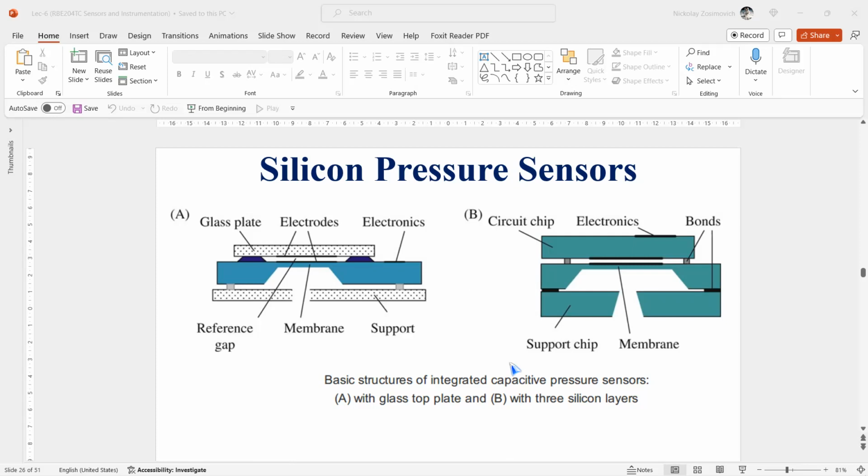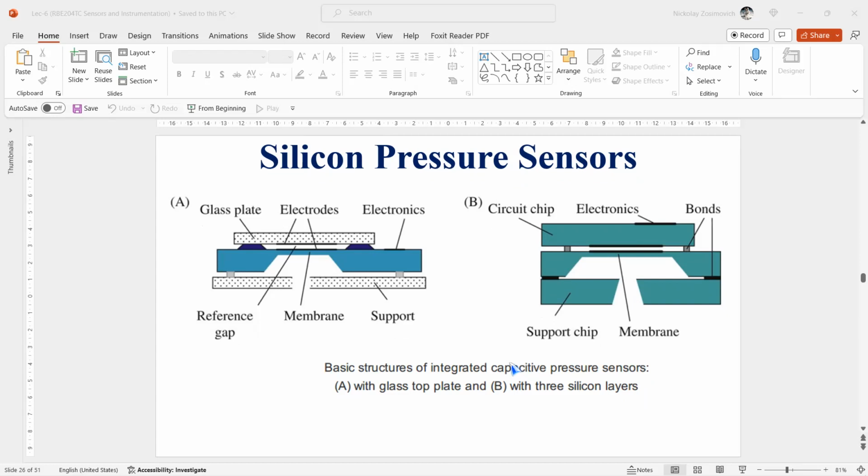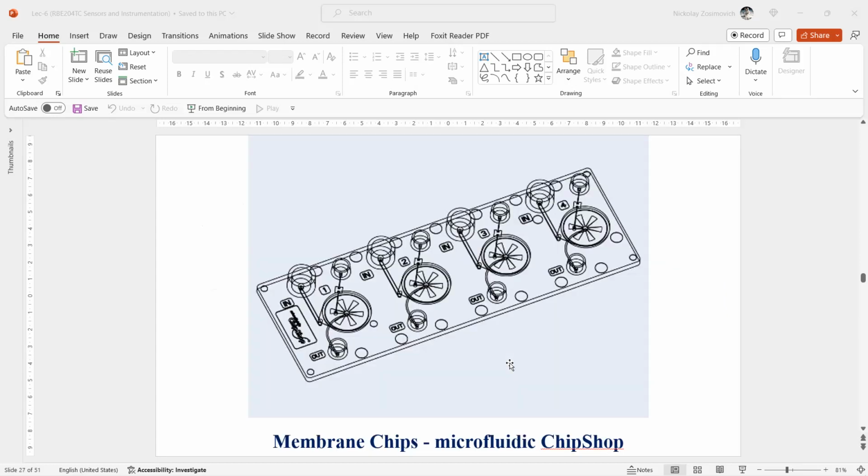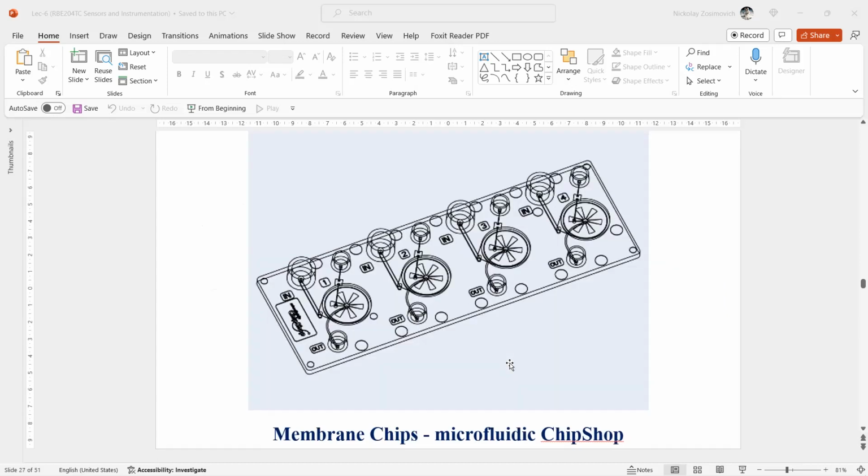The figures show only a general layout, and details can be found in research papers. A large variety of alternative structures have been proposed over the last decades. Often the membrane chip is positioned flipped at the top, whereas a reference capacitance is included in the structure.